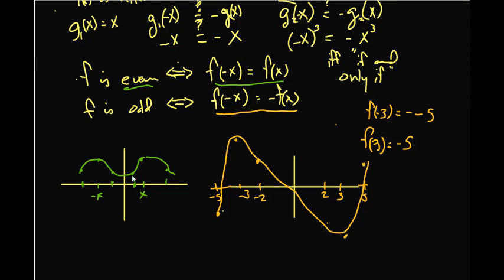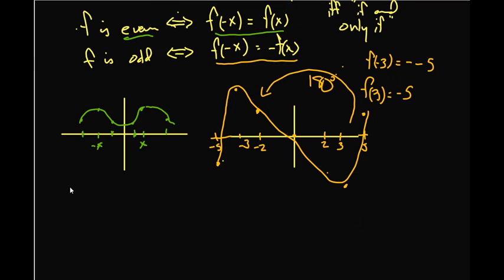So we can say that this has symmetry around the y-axis, and this is said to have symmetry around the origin. And what we mean by that is, if you take this graph and rotate it 180 degrees, you'll get the same thing.